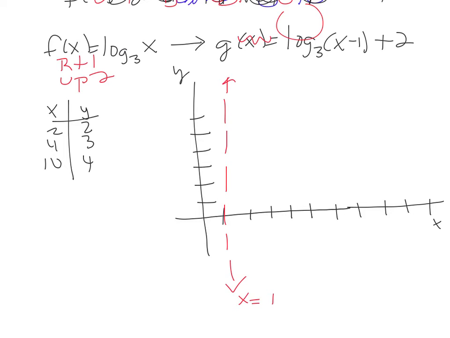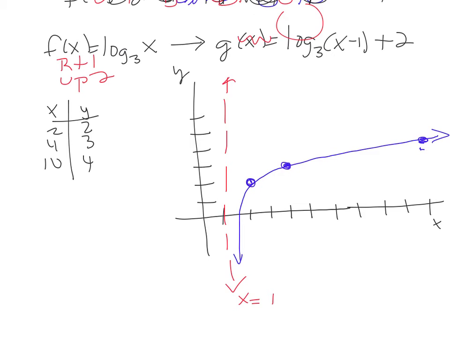So when I graph it, okay, your graph looks like this. Remember, it gets closer and closer to that asymptote.